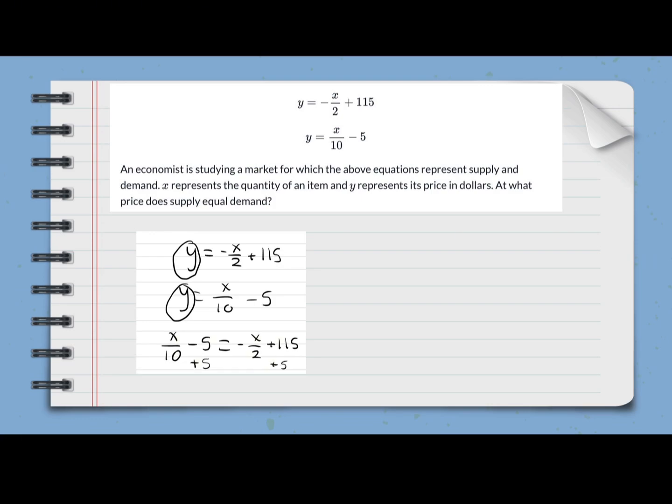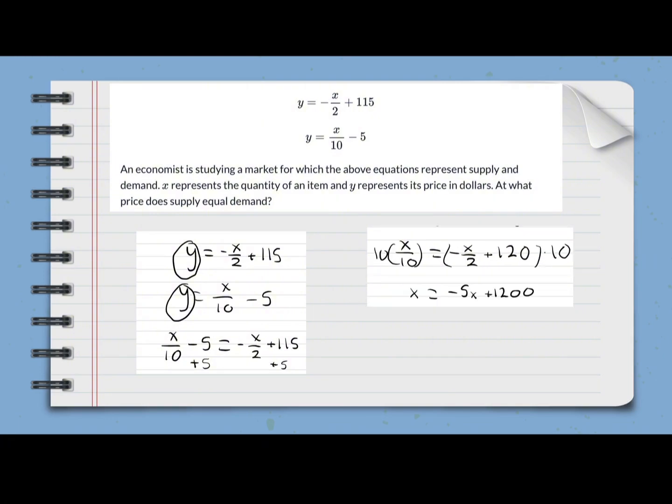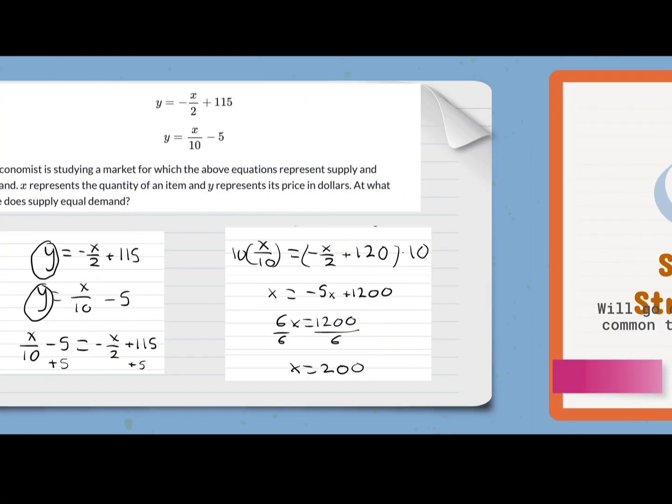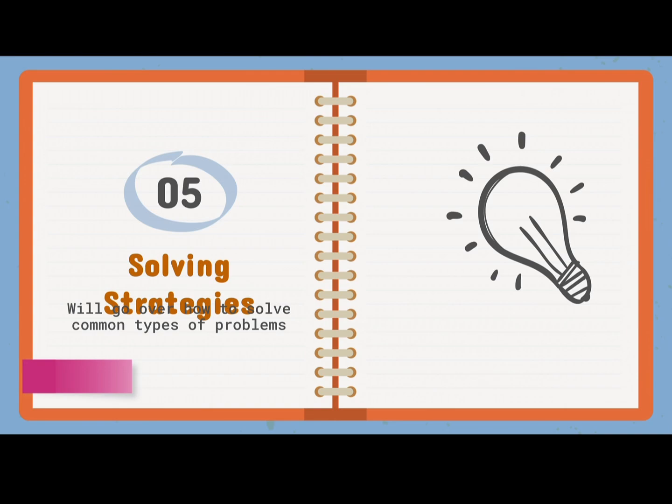So you'll add x to both sides, and then to get rid of the fraction, multiply by 10. You'll end up with x equals negative 5x plus 1200. Then you'll end up getting 6x equals 1200, divided by 6, x equals 200.